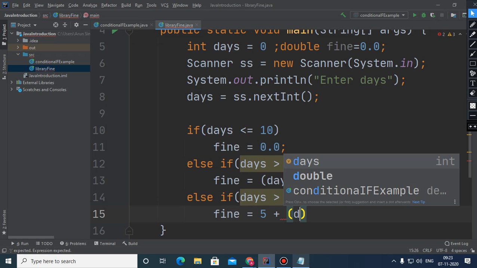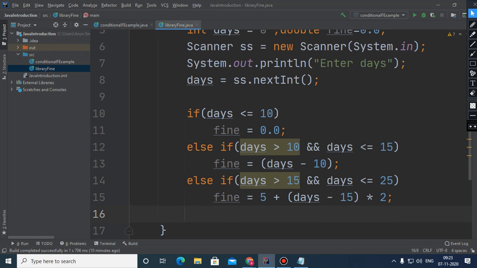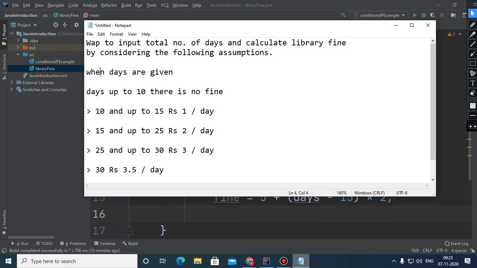And after that you need to write days minus 15, because up to 15 you have already done. 10 days were free and 5 days you have written here. So how many days are left? Days minus 15. And the rate is 2. And finally it is 3.